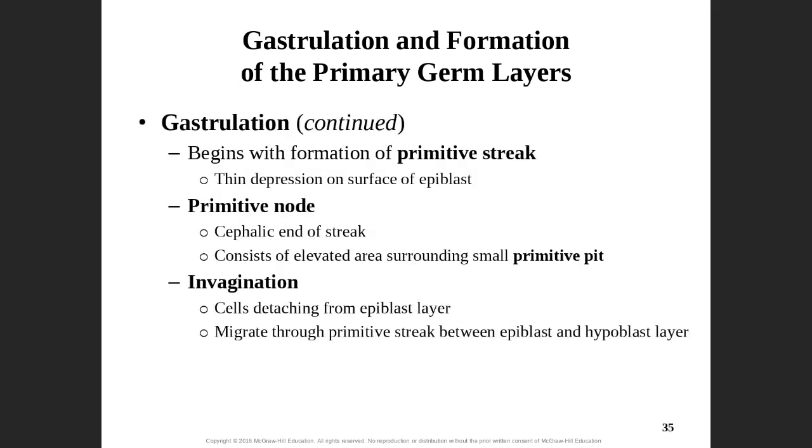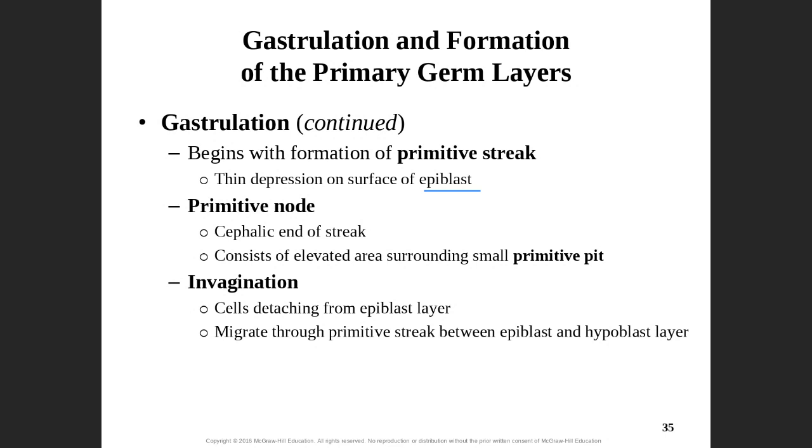So what starts off gastrulation is when you're looking down from a superior view onto the epiblast layer, you'll start to notice this streak. This kind of line starts to invaginate itself into the epiblast, so you'll see this depression occur. And at one end of the depression, you'll have this structure which we call the primitive node.